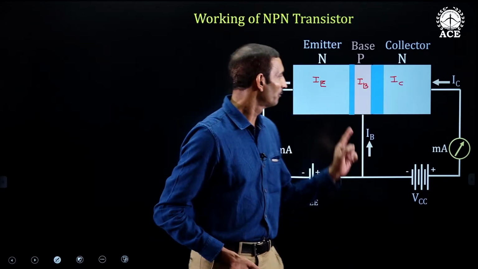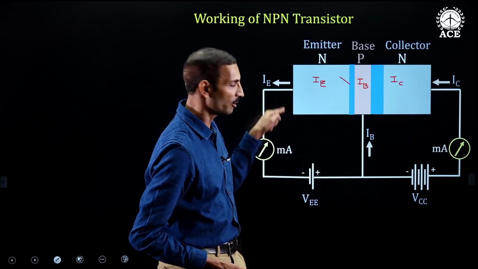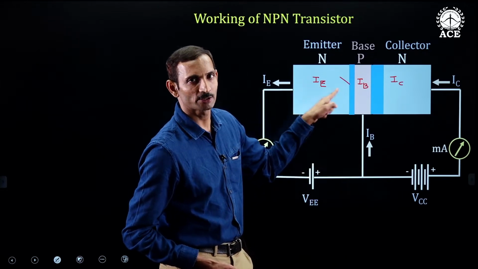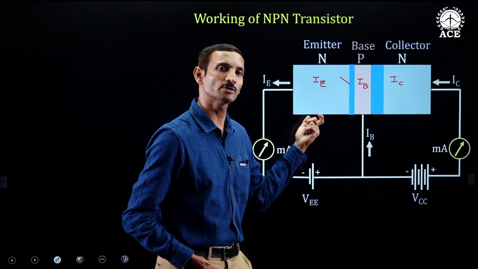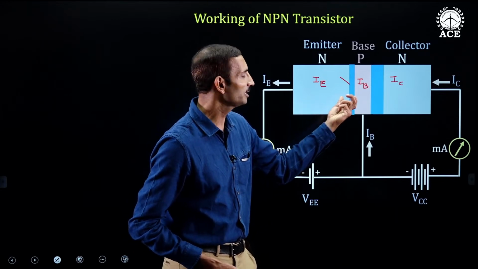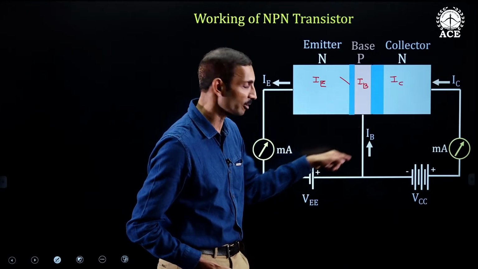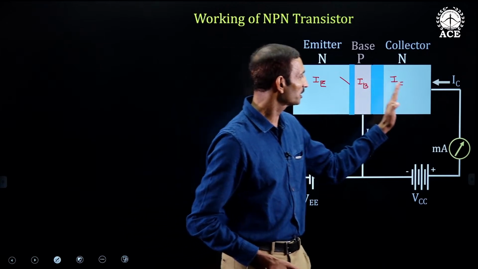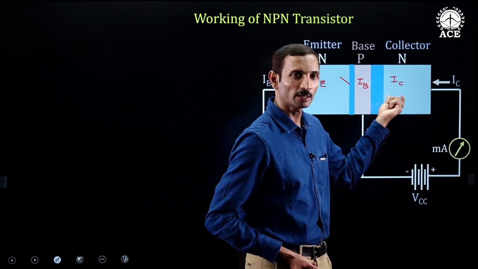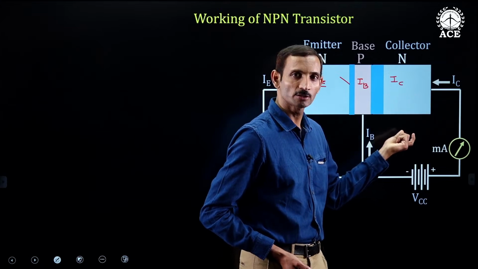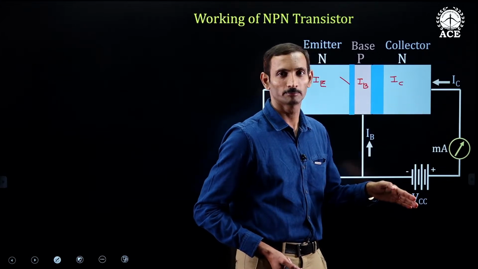That means when the emitter base junction is forward biased, the emitter current should be high. Similarly, the base current should also be high because of the forward bias. Now the collector region is reverse biased, so the collector current should be low.